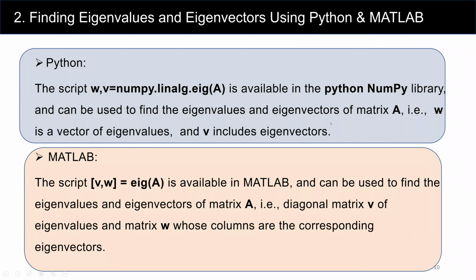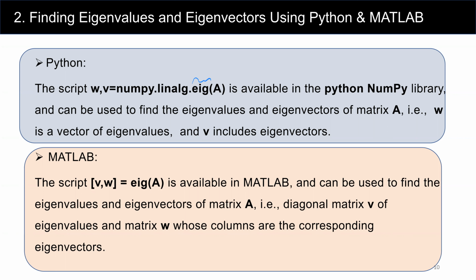So this was how we can find eigenvalues and eigenvectors by hand. I wanted to give you an intuition about the concept behind eigenvalue and eigenvector. But in Python, you can use the NumPy library, numpy.linalg.eig of your matrix.